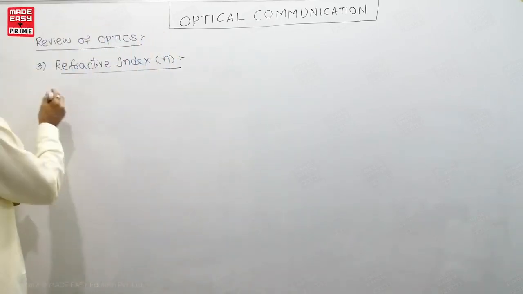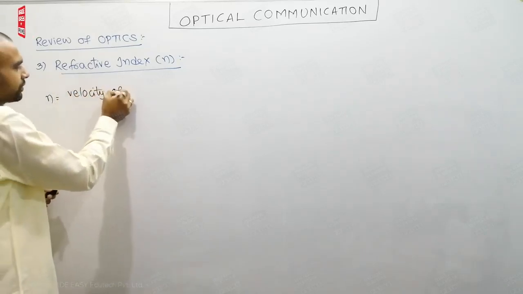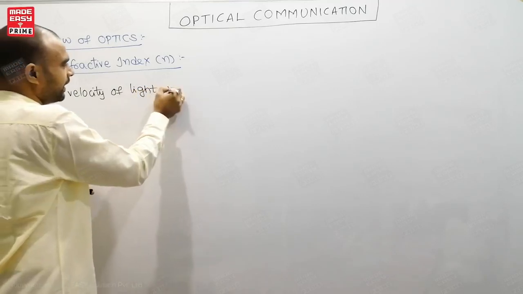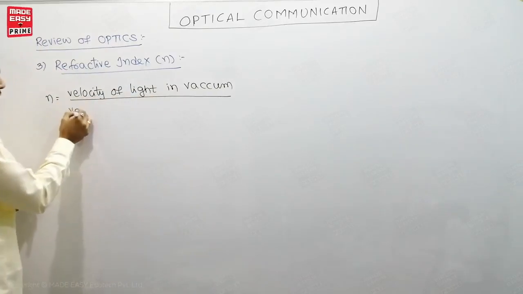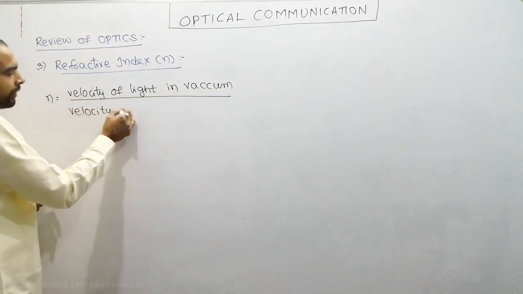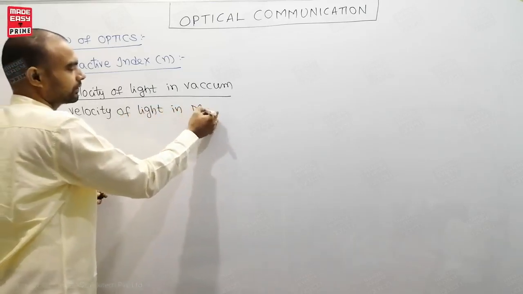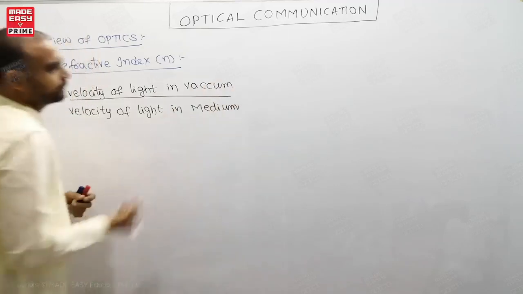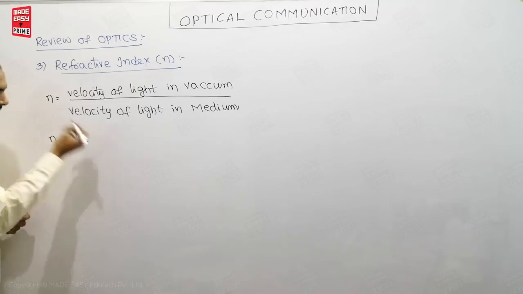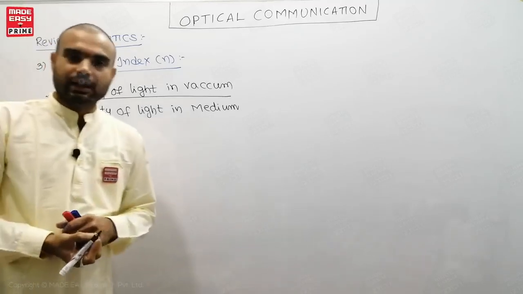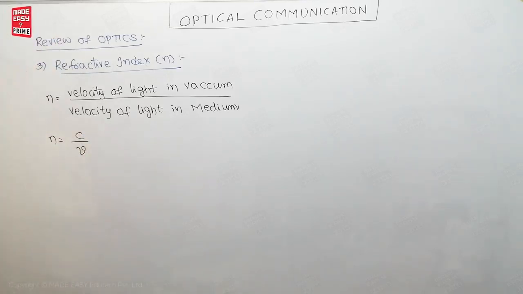So the velocity of light in vacuum is given as c, and the velocity of light in medium is given as small v.